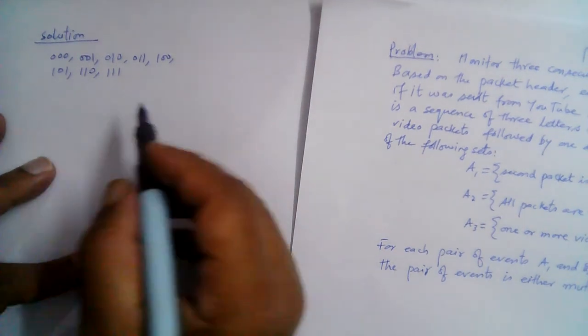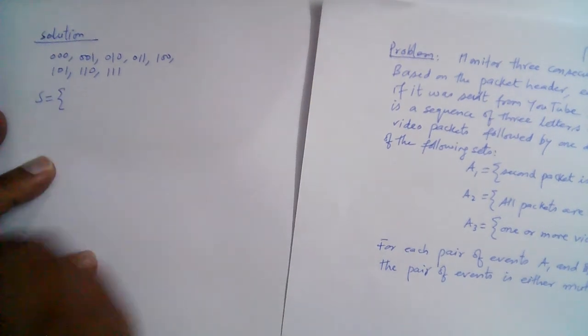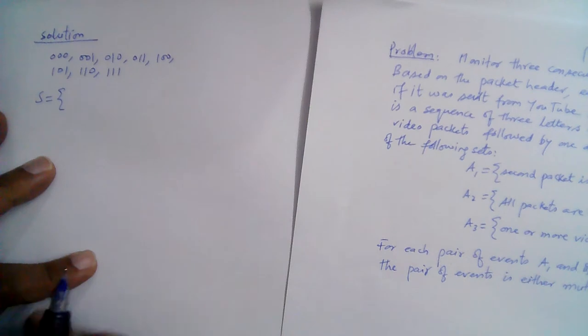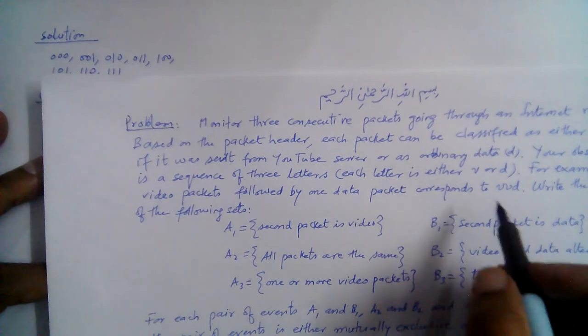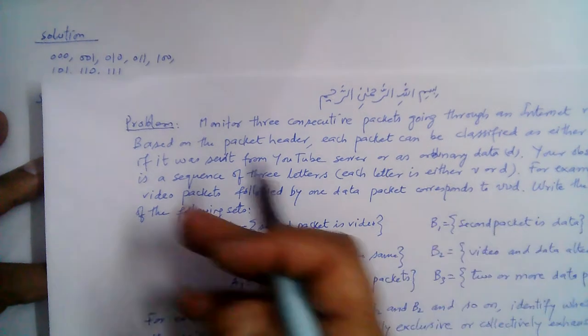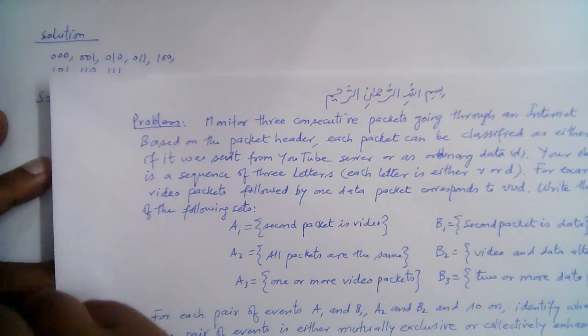So similarly, for our case, we can designate data as 0 and V as 1, and we can just replace the zeros with D and the ones with V, and we can write down our sample space, right?